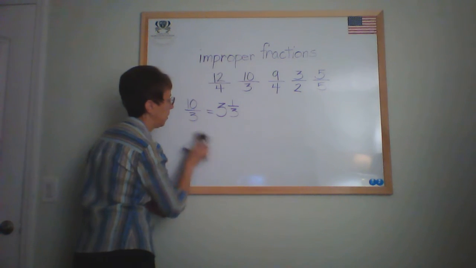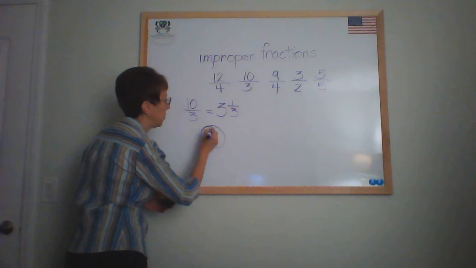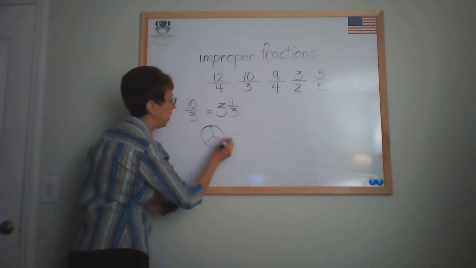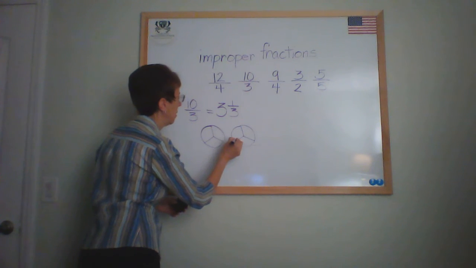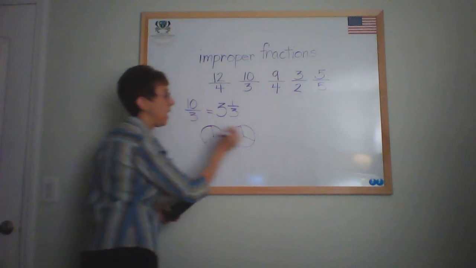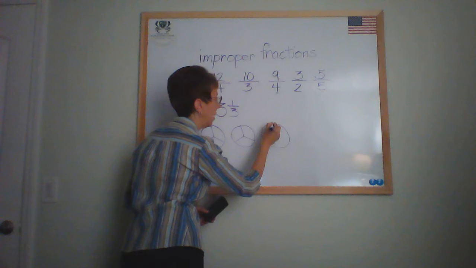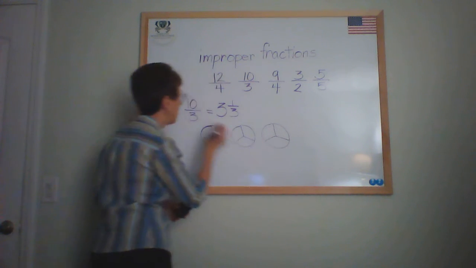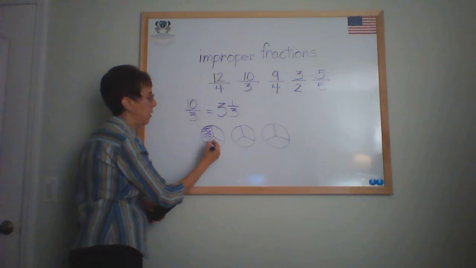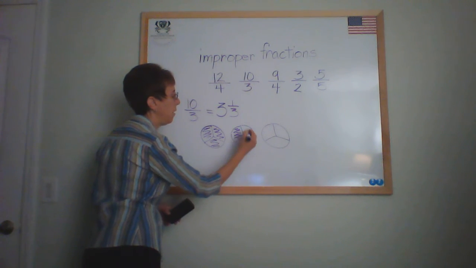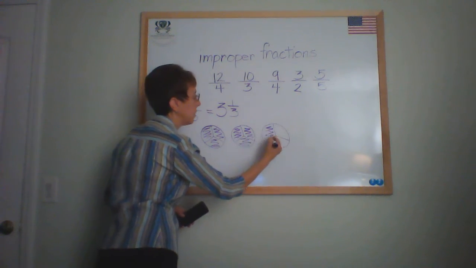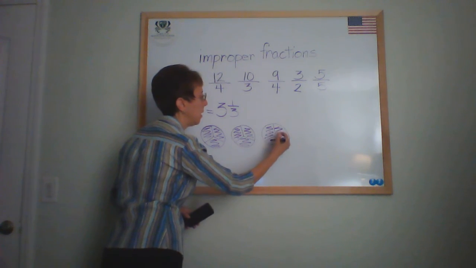Now let me fix this one. We need to use thirds. We need 10 thirds. So we have 1, 2, 3, 4, 5, 6, 7, 8, 9.